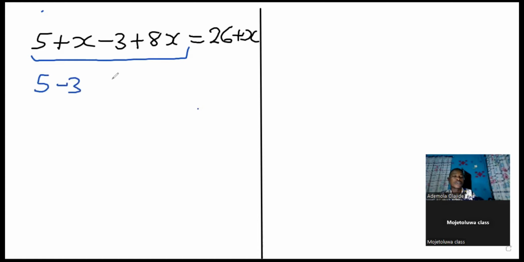I'm moving the like terms together. This negative 3 and this 5, I move them together. Here I have positive x and I have positive 8x. So I move them together. And on the right, I have 26 plus x.